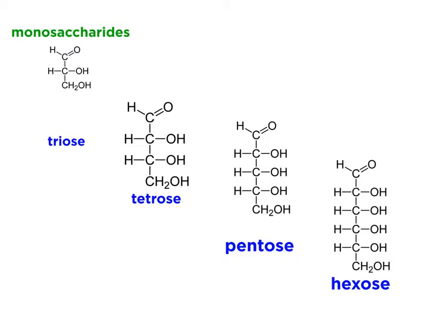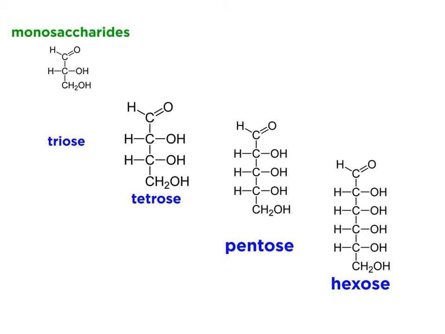So if there are 3 carbon atoms, it will be triose, the 'ose' as sugar; tetrose if it is 4; pentose where it is 5 carbon atoms; and of course hexose when it is 6 carbon atoms. So these are the monosaccharides, or the building blocks of carbohydrates.